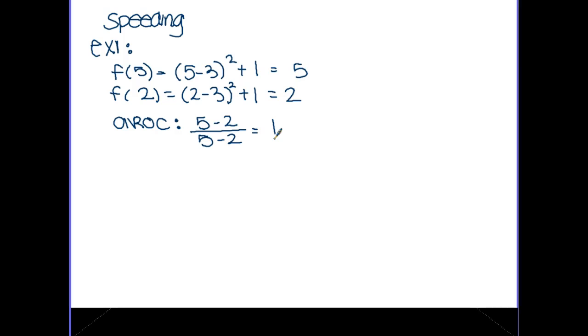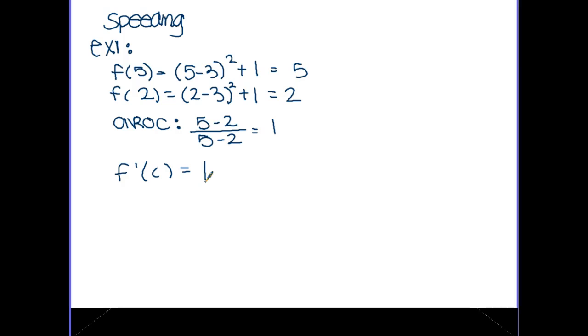It's just saying the slope has to be 1 between 2 and 5. Let's apply MVT. What does the application of MVT guarantee me for this particular example? F prime of C has to equal what? Yeah, F prime of C must equal 1. That's what MVT guarantees.